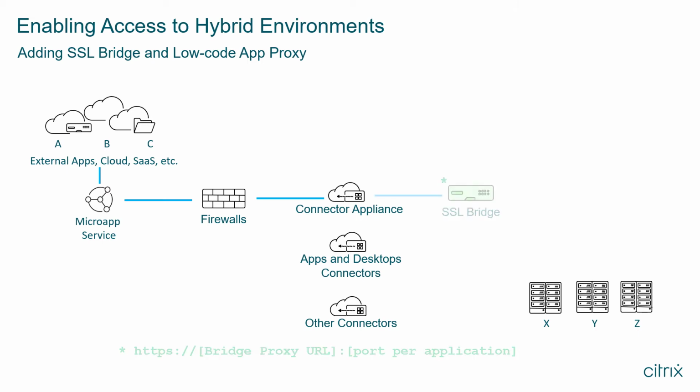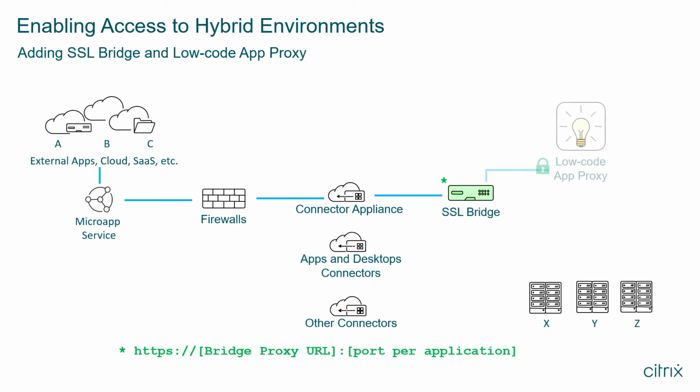So what we'll do here, we'll add an SSL bridge to this picture. People that are familiar with Citrix ADCs, with Citrix NetScalers, will know that the SSL bridge function is actually quite easy to deploy. It literally takes no time to do so. What will happen, we will have an SSL certificate installed on our proxy, and every target can technically have a single certificate because we're going through that SSL bridge.